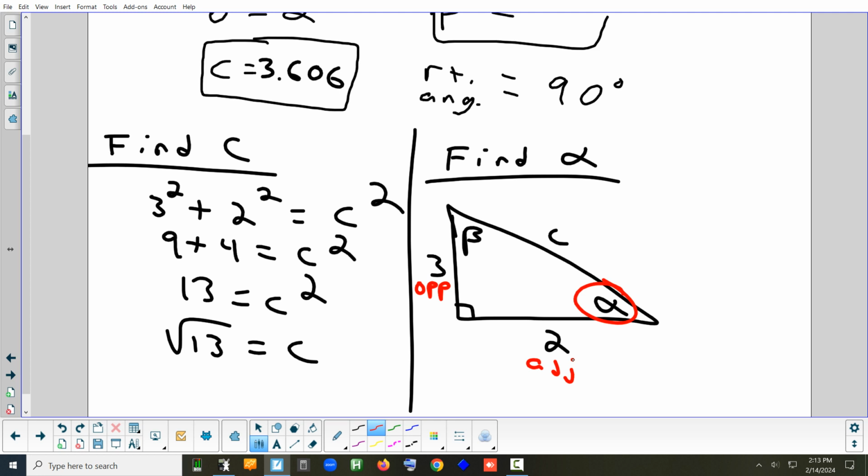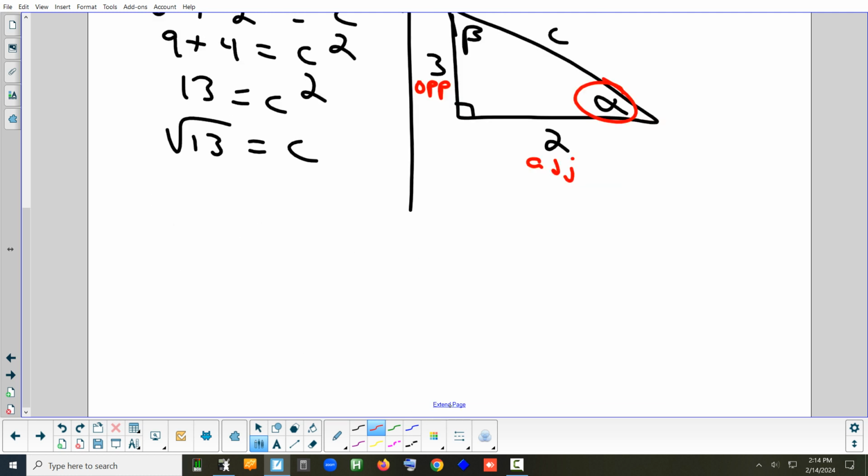You can check the video now. So now you're trying to find alpha. What's the position of the 2 sides that you know? Opposite and adjacent. What trig function has opposite and adjacent? Tangent.